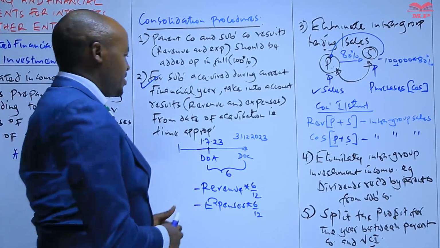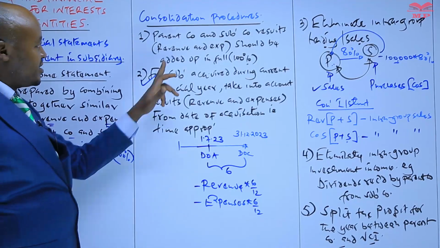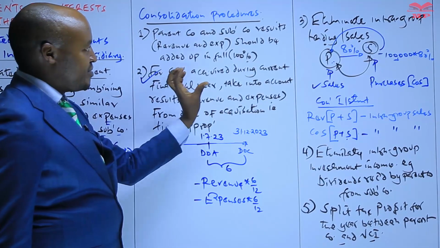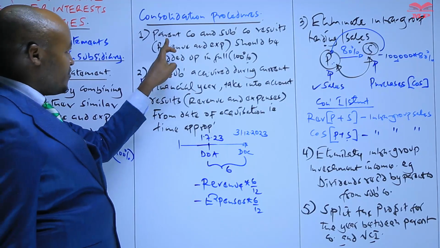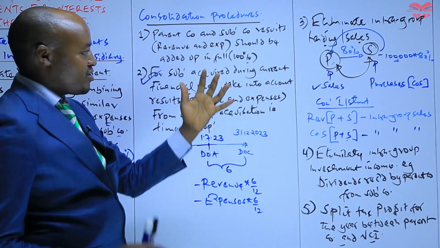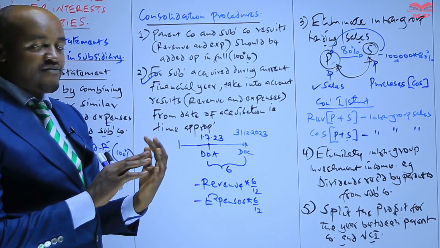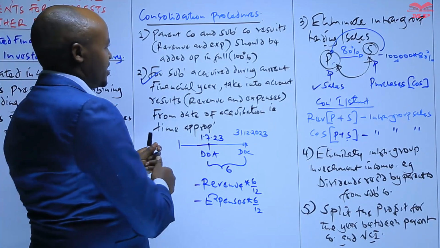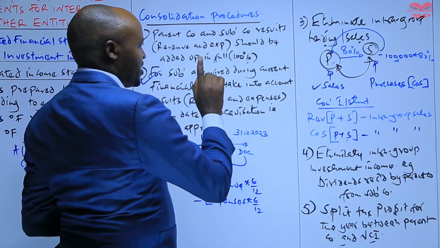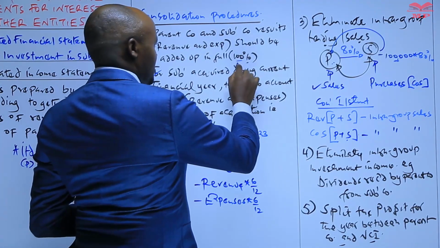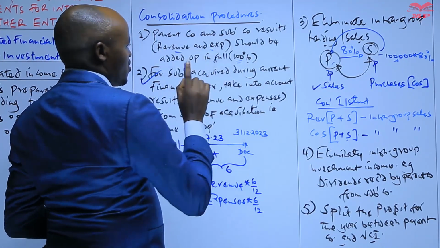It is because if you can remember what we said in step number 1, when preparing the consolidated income statement, we take into account the results of the parent company and the subsidiary, or in other terms, we combine the results of the parent company and the subsidiary in full. What that means is that even if the parent company does not have 100% shareholding in the subsidiary, we always take into account 100% of the revenue and expenses of the subsidiary.